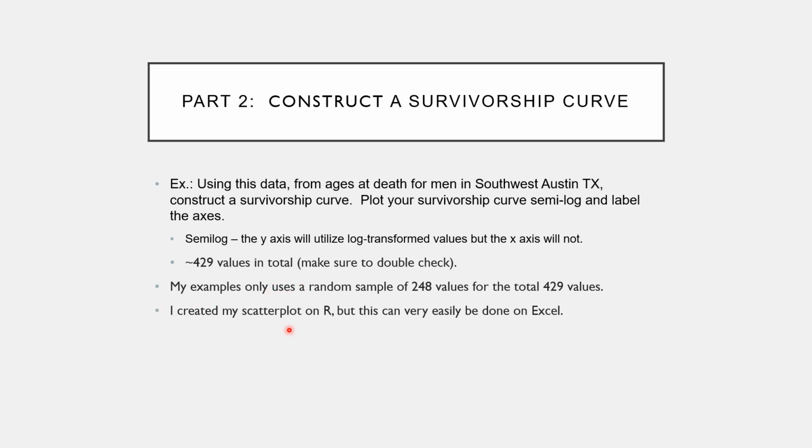What I did was take a random sample of 248 values out of the total 429 values, and that is what I utilized for this example. Even though I didn't use all of the values, it should give you a pretty good depiction of what you should expect to see after you complete the exercise. Actually, yours should look a lot better than mine because you have close to 200 additional values of data that you'll be able to use as well.